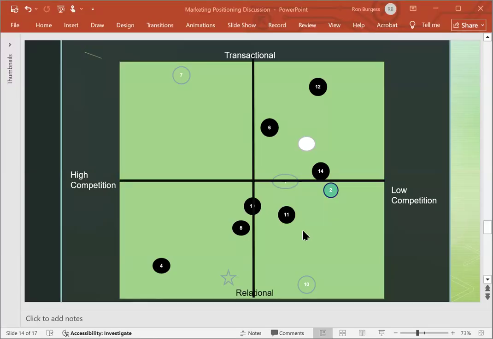And I think, Ed, you've mentioned several times the one firm that specializes in ESOPs, in employee ownership programs. And they're doing all the business because they really know how to do that specialty. So their competition is not so high because they literally pushed it into the low competition area. So that gives you a sense of why this kind of chart is important.